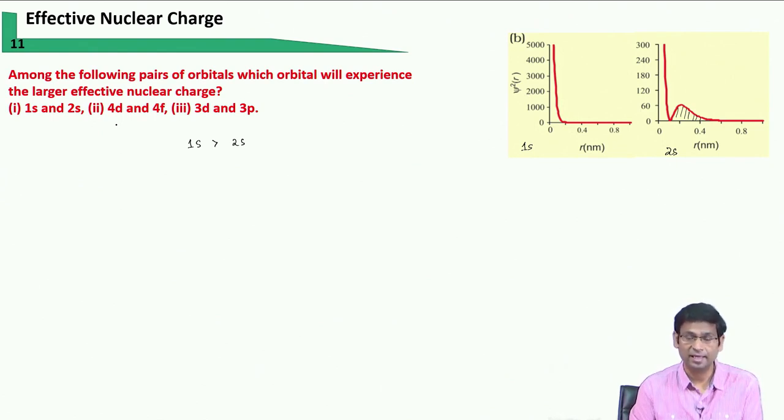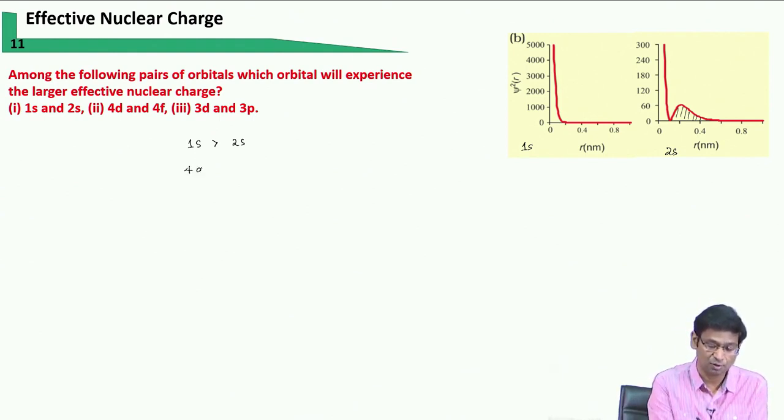Now the other question is 4d and 4f. The argument goes in the same direction. The 4f electron is more diffused, that means it goes farther away from the nucleus compared to 4d, because even if both have the same principal quantum number 4, they have different azimuthal quantum numbers l. So 4f, which is more diffused, will experience less of the nuclear charge, and 4d's effective nuclear charge will be greater than 4f.